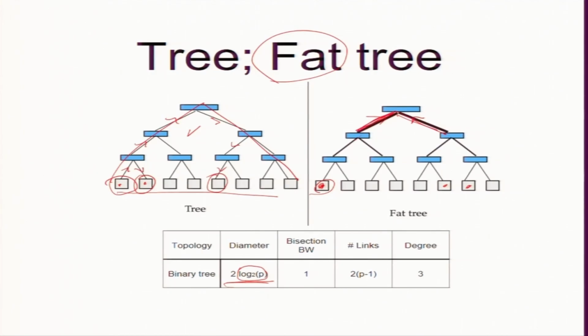In a tree you can reach a node in that many steps, log p to the base 2. Had it been linear, it would be p, but it is decreased. So, linear search and binary search. Binary search is faster because we adopt tree structure, and the bisection bandwidth is 1. Okay, you can cut any link here, and that is it, it is gone.